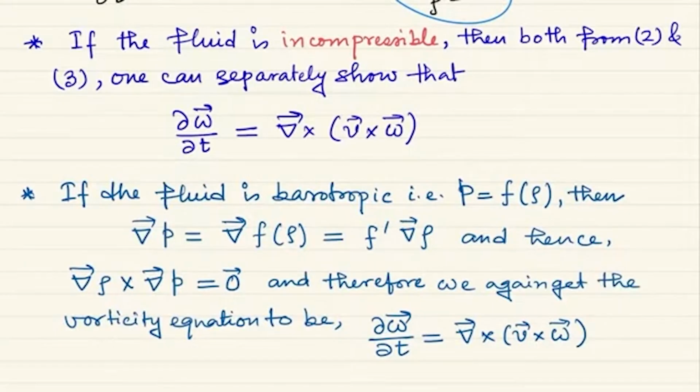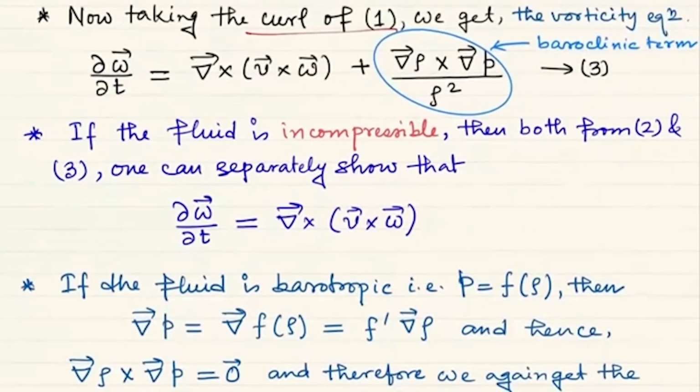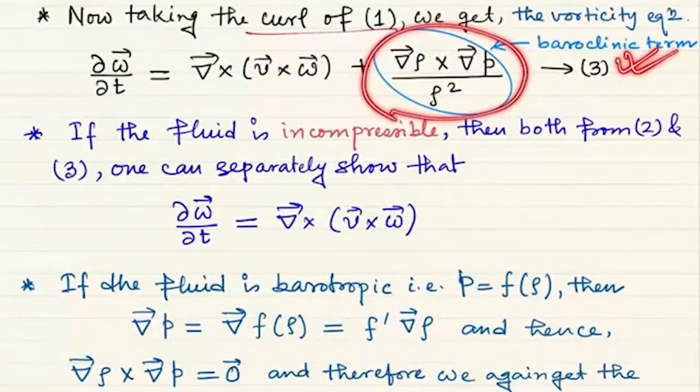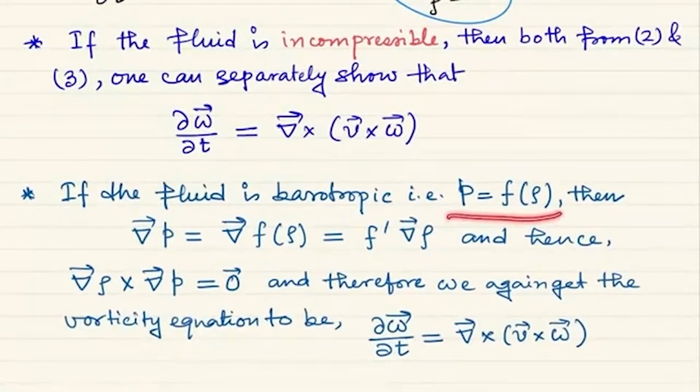So if the fluid is now no longer incompressible, but it is compressible, but it is barotropic. What is the meaning of barotropic? There are two terms which can be confused. One is baroclinic. Baroclinic is this term, and barotropic means that pressure is only a function of density.